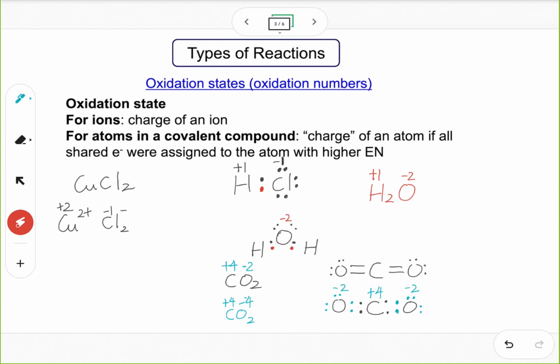I know that's a common misunderstanding. It sounds like we need to multiply -2 with +2 to get -4, but that's not the case. When we talk about oxidation state, we are talking about the oxidation state of one atom, not a group of atoms. So I want you to pay enough attention to that.